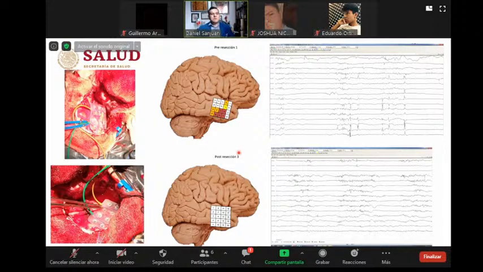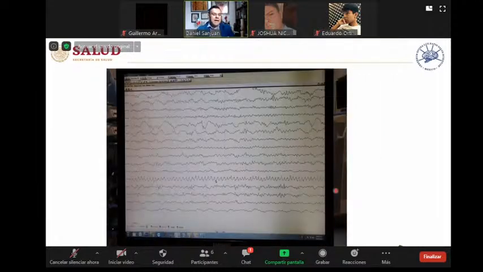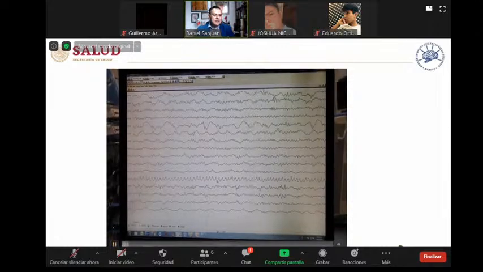So it's possible to guide the resection not only to remove the lesion, but also to provide a better functional outcome. In this case, you can see using this grid with this lesion, a focal lesion, in different views. And then it's possible to capture some of these elements like this.